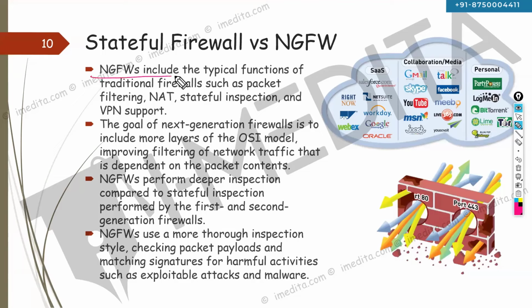Now, the typical functions of a next generation firewall include the typical functions of a traditional firewall, such as packet filtering, network address translation, stateful inspection, as well as VPN support.